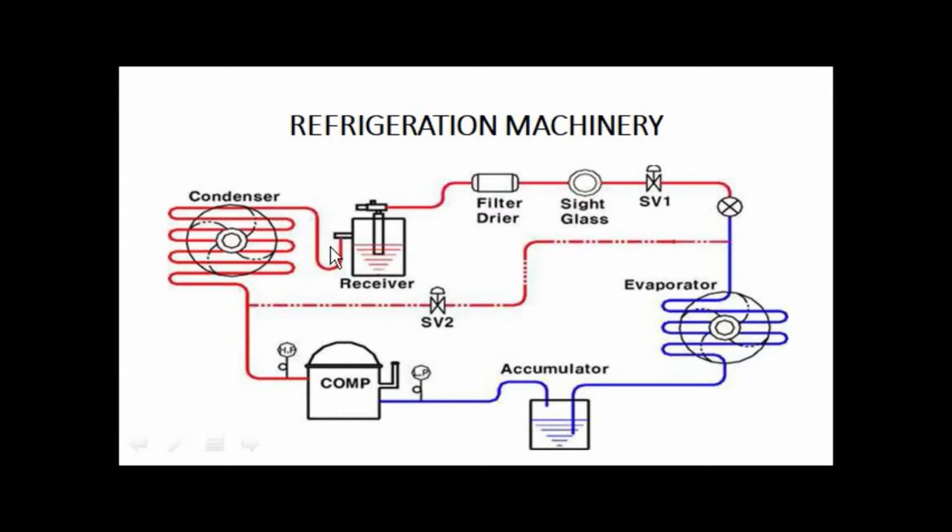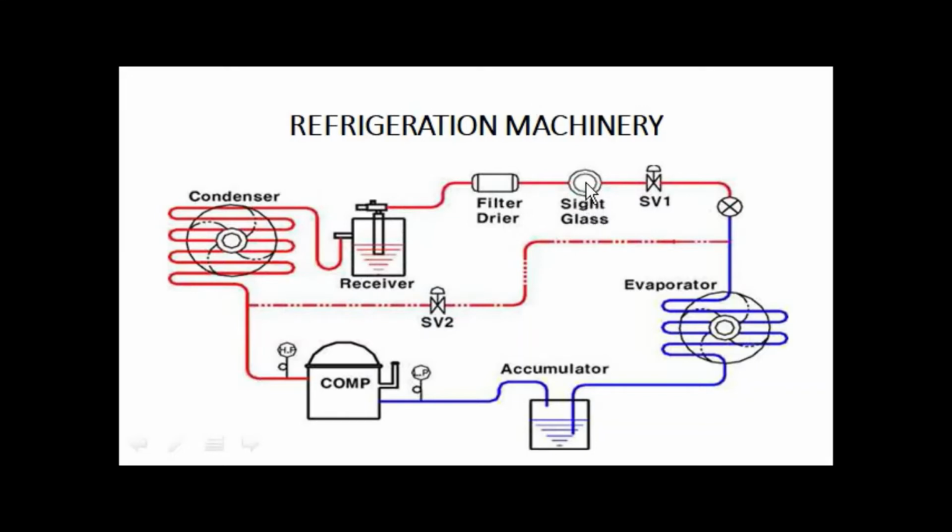And then from condenser to receiver. In the receiver, we can store liquid refrigerant in the system, and then from receiver to filter dryer, from filter dryer to sight glass.